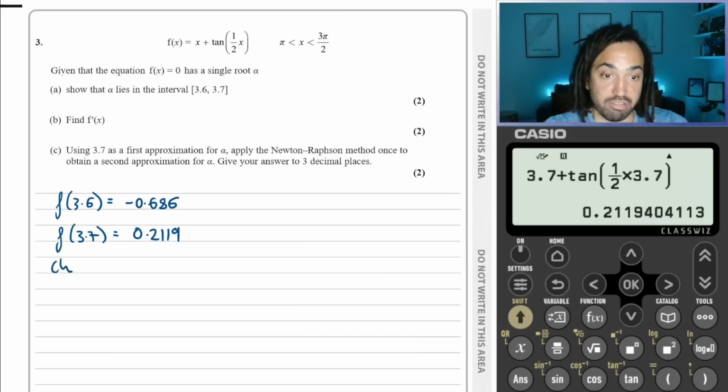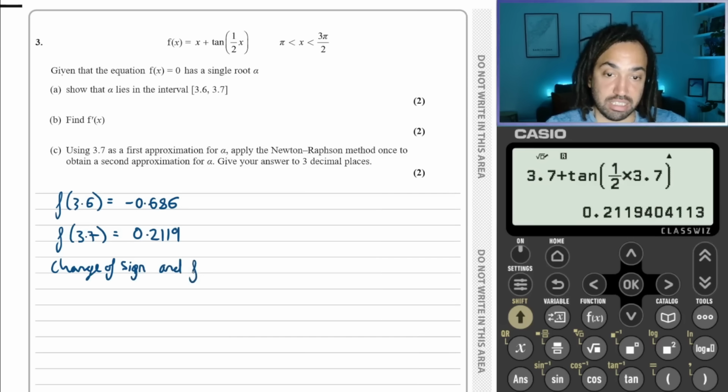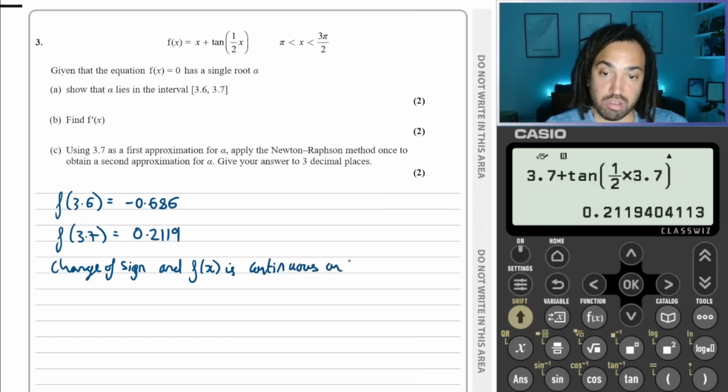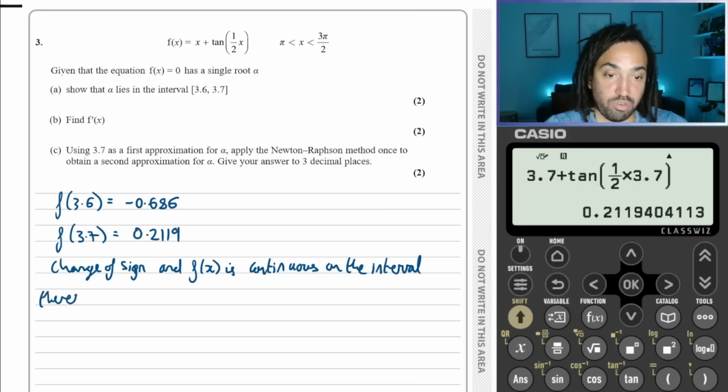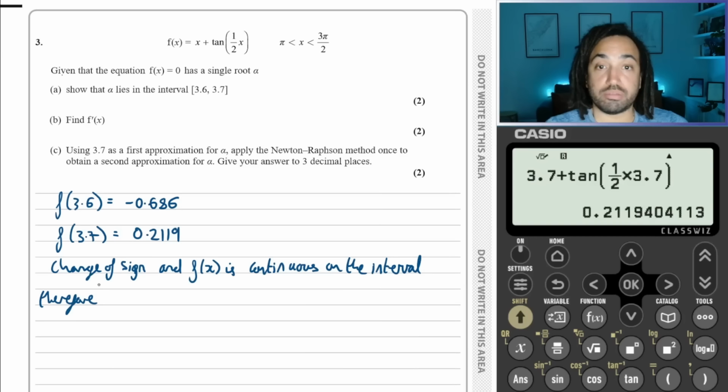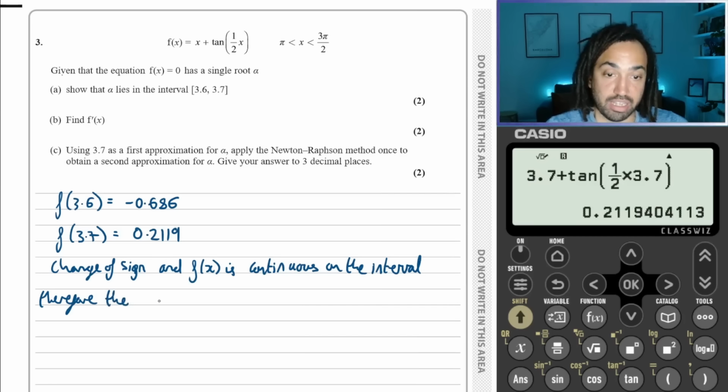Okay, and then we say there is a change of sign, and f of x is continuous on the interval, and then we can say therefore there is at least one root.